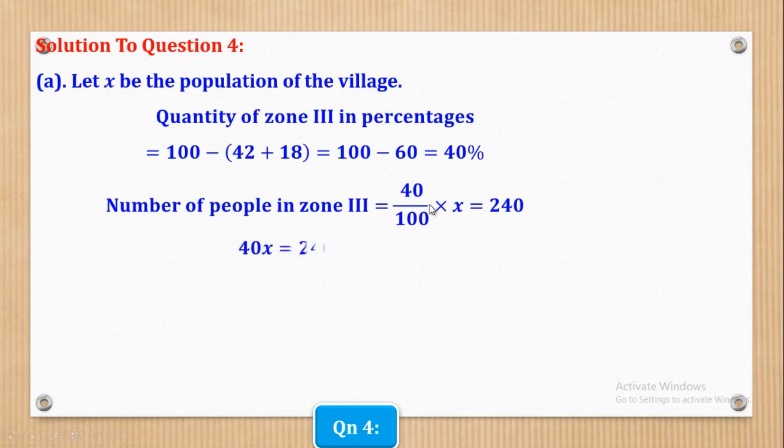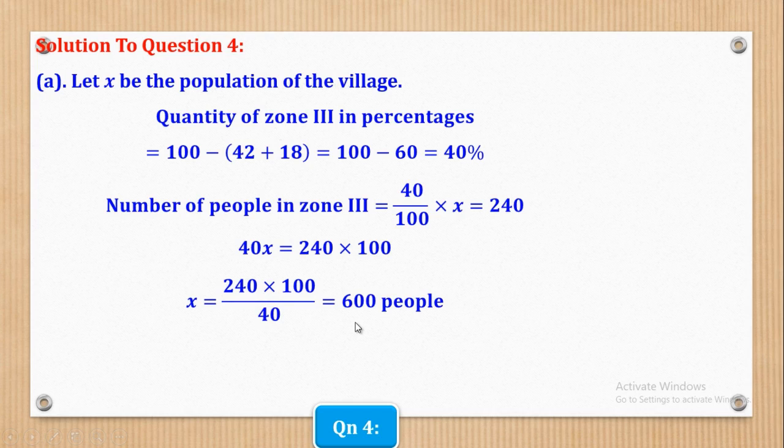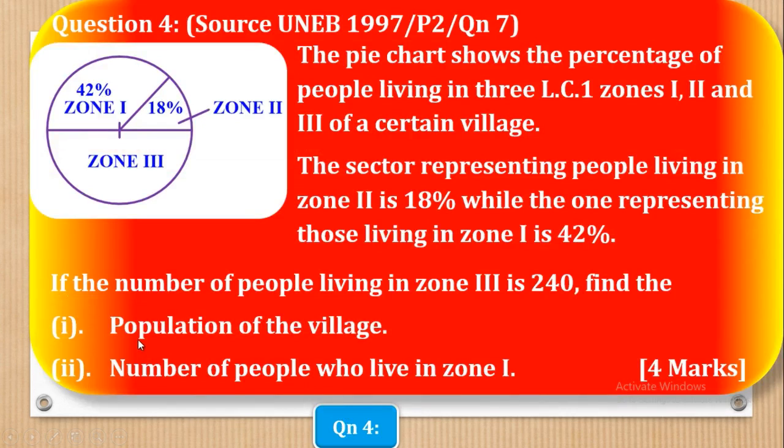When we cross multiply we shall come up with 40x equal to 240 multiplied by 100, and when I make x the subject, it will be 600 people. So the total population of the village will be 600. So that was Roman 1. Now let's go to Roman 2.